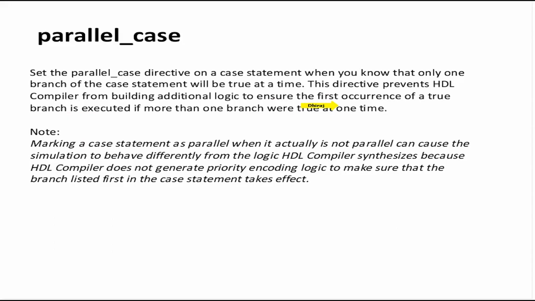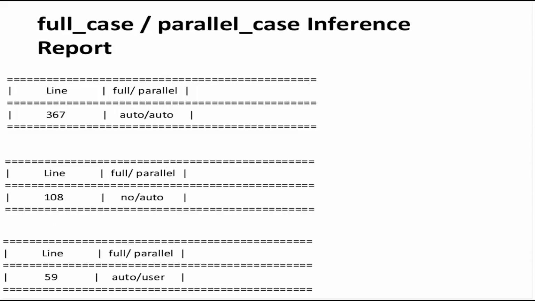Now let's see the inference report. For each case statement in your design, DC will produce an inference report similar to the one for flip-flops, by line number and file.